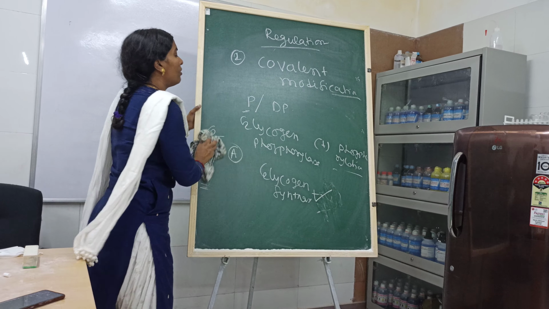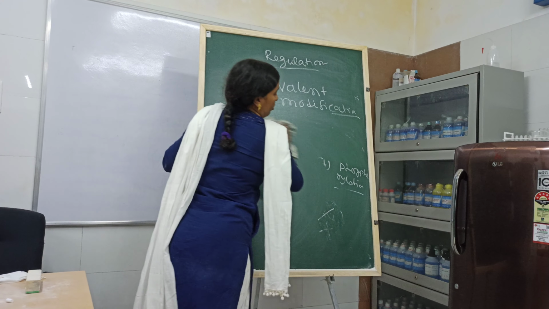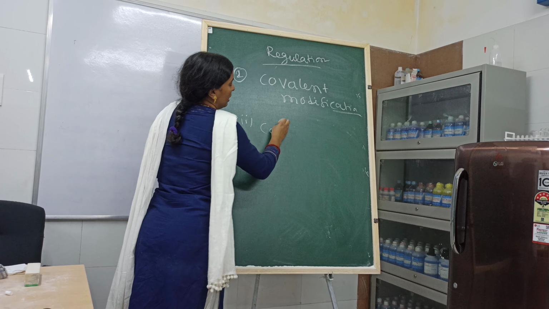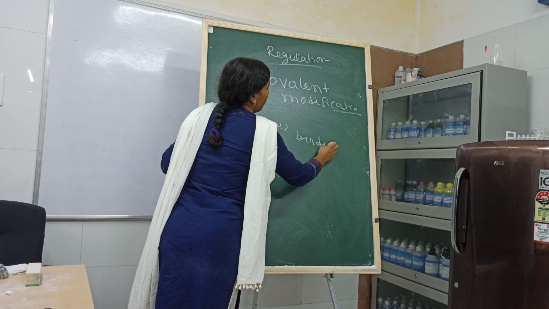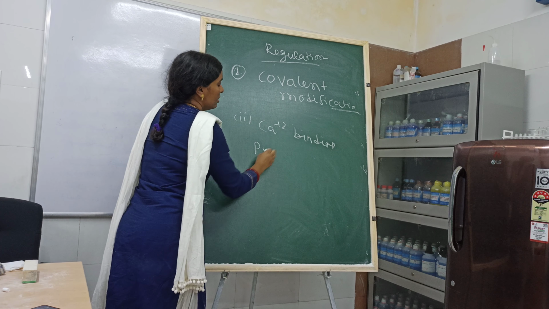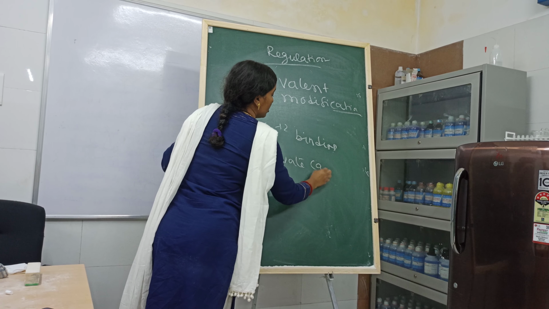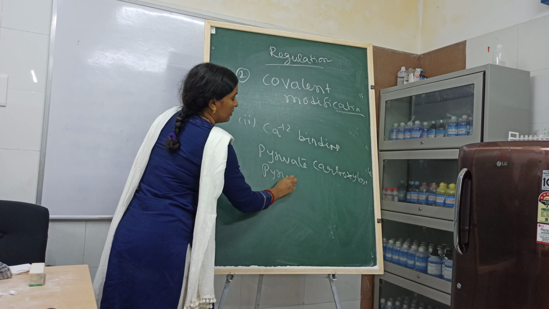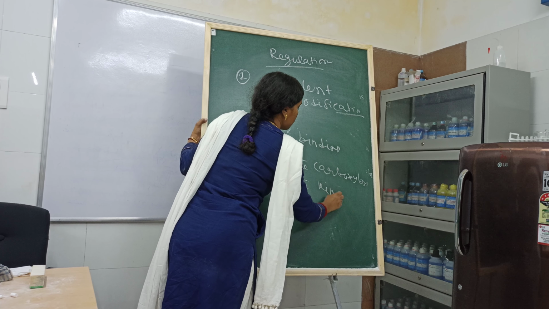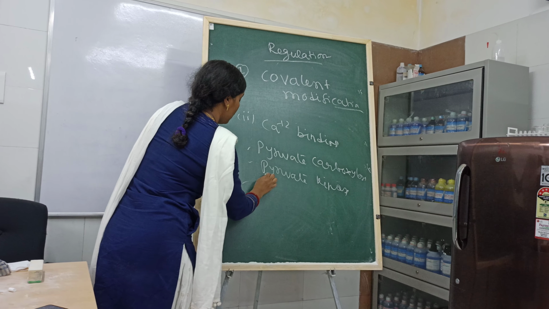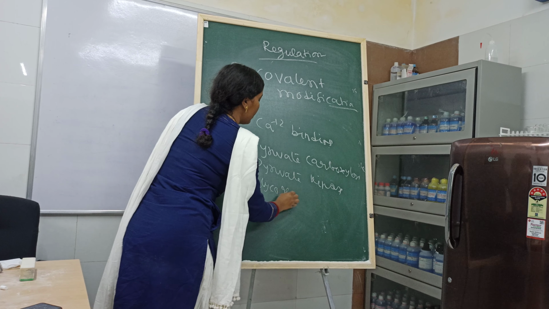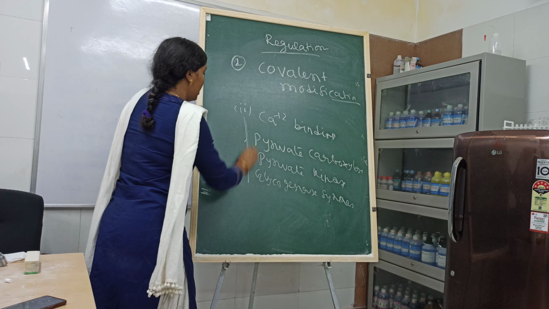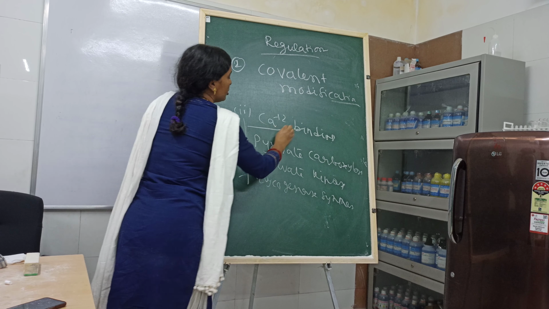Another thing I have told is calcium. It has been seen that with calcium binding, enzymes like pyruvate carboxylase, pyruvate kinase, and glycogen synthase, the activity of these enzymes can be increased via this calcium ion.